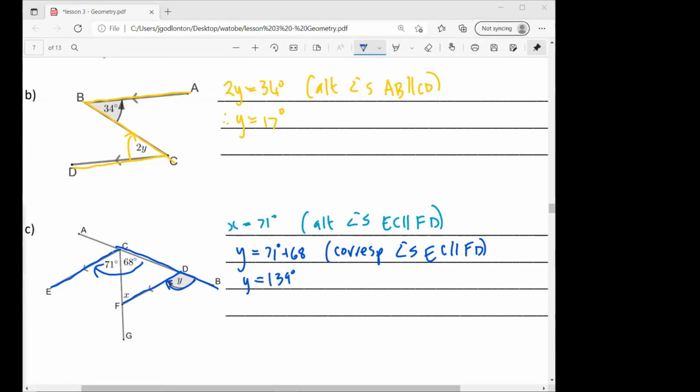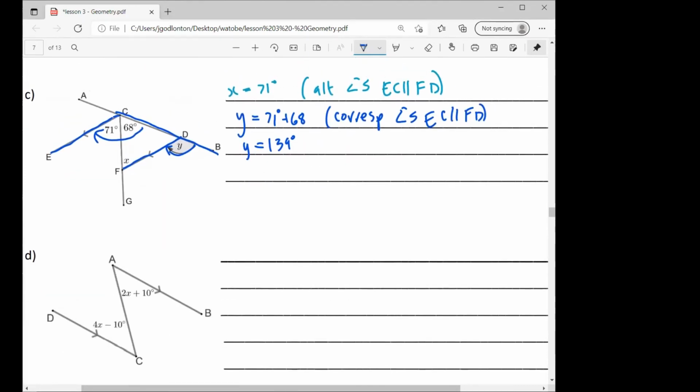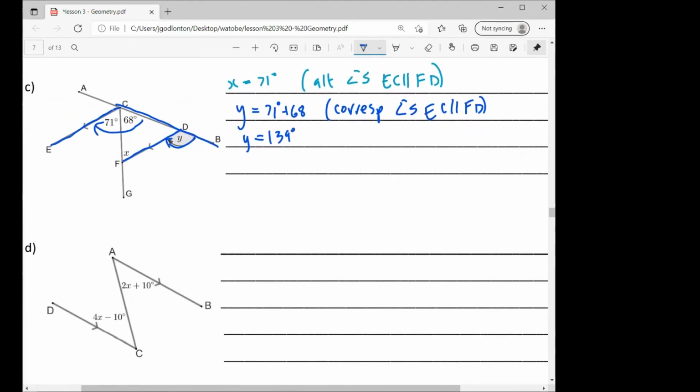Okay, let's try another one. You know how I love my equation questions. So for this one, I'm just looking for what my angle X is going to be.